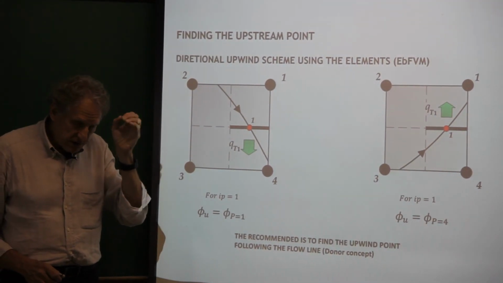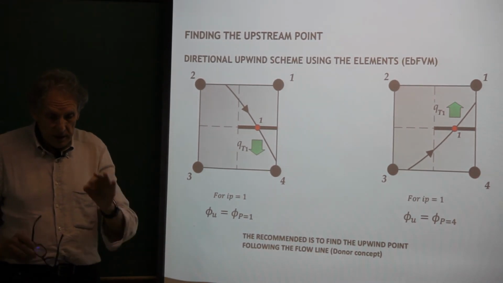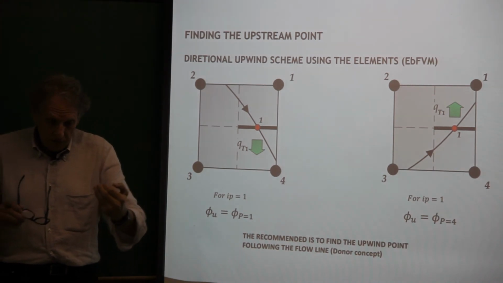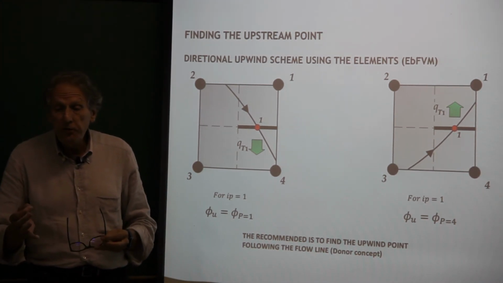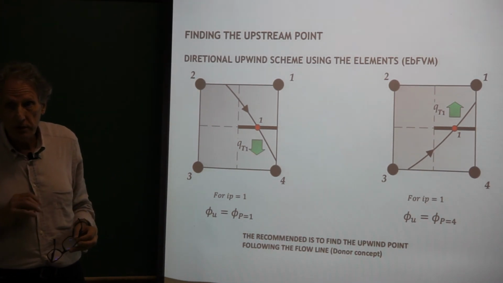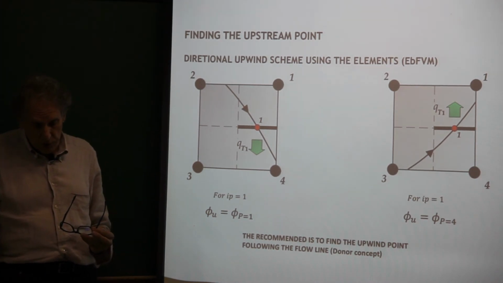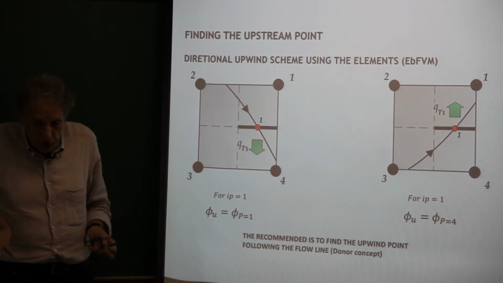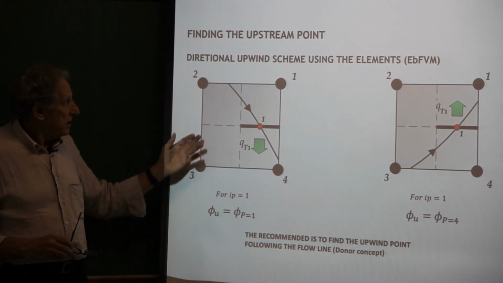I already stated firmly that it's not a matter of doing some average over the upstream points in order to find the phi upstream, which gives the information to the integration point I want. It's a matter of using, I'm repeating, the concept of donor cell. Who gives the information?